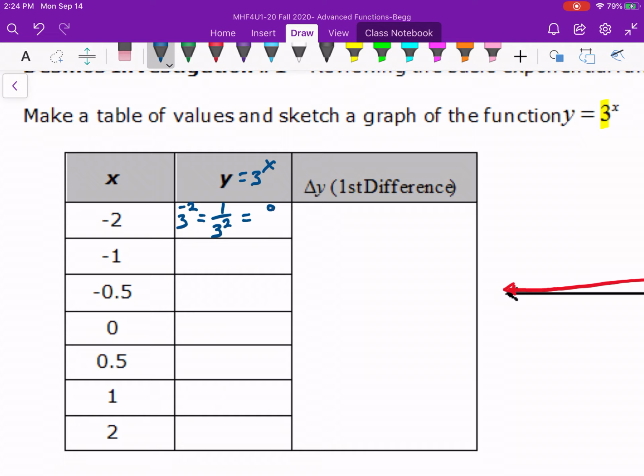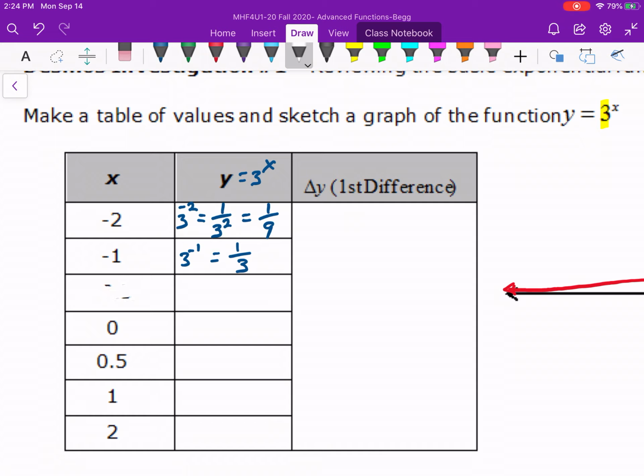So that works out to be not 9, but 1 over 9. So that's our y value. So we got this point, negative 2 and positive 1/9. And then for 3 to the negative 1, that's just going to be 1 over 3 to the positive 1, or just 1/3.